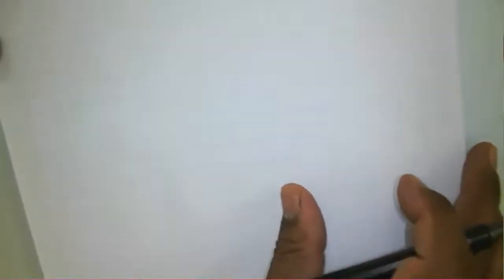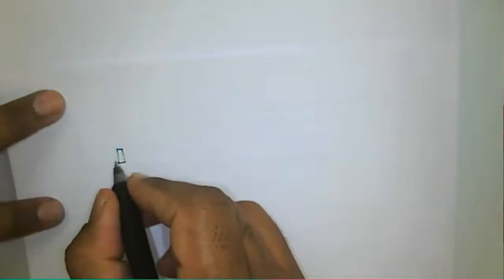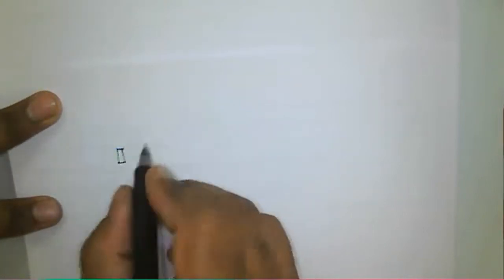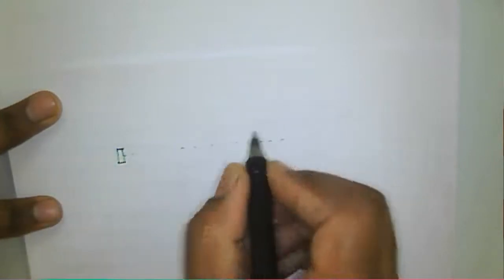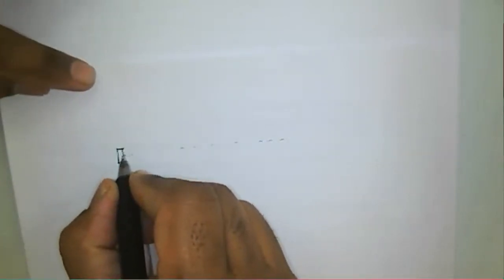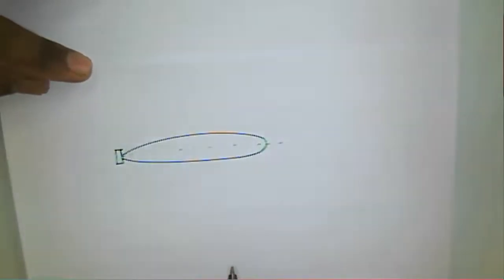Now, if you see the radiation pattern for the given source, we will get a maximum in the given direction. So this one is the radiation pattern of a source.